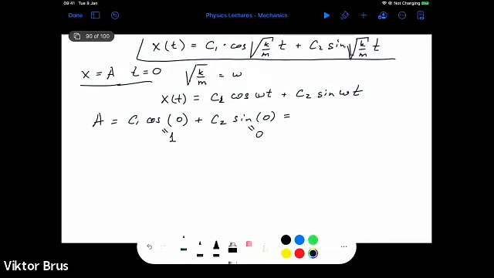So we get from here that our constant C1 is equal to A.